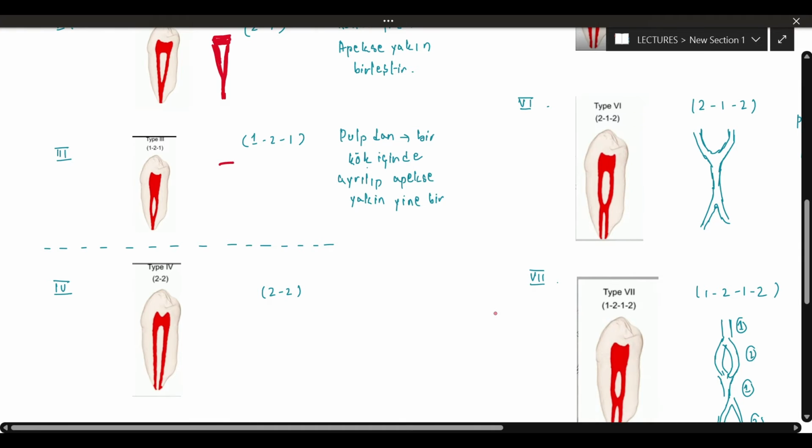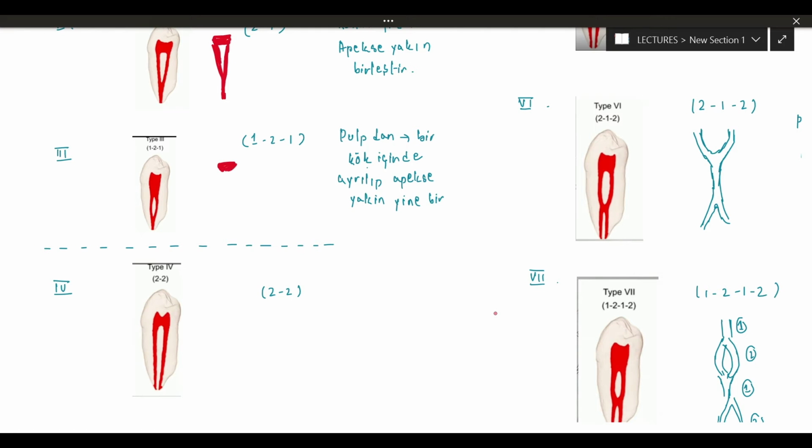On number 3, we have again, as we know, a single canal leaving. But what happens here is that the root canal leaves as a single canal, then divides into two in the root, and then on reaching the apical foramen, it again converges and leaves as a single canal.